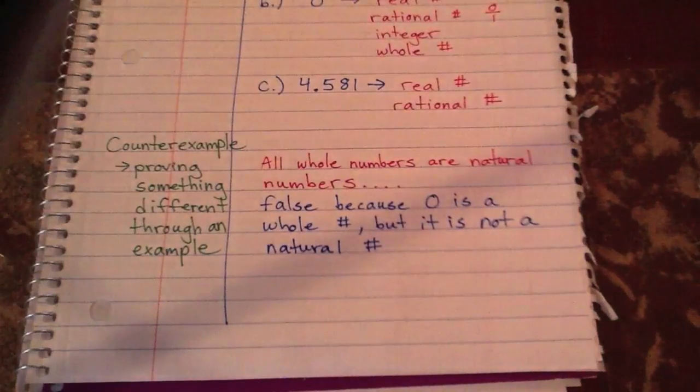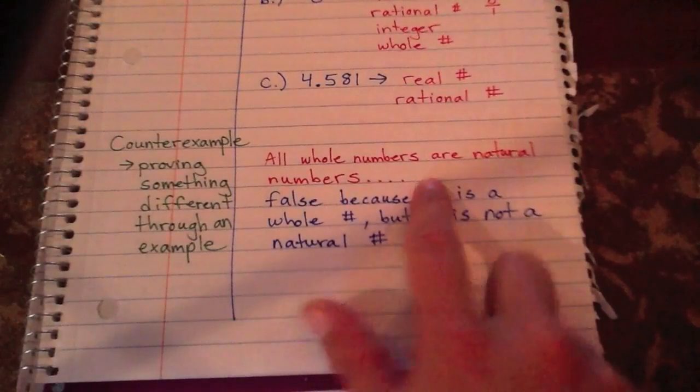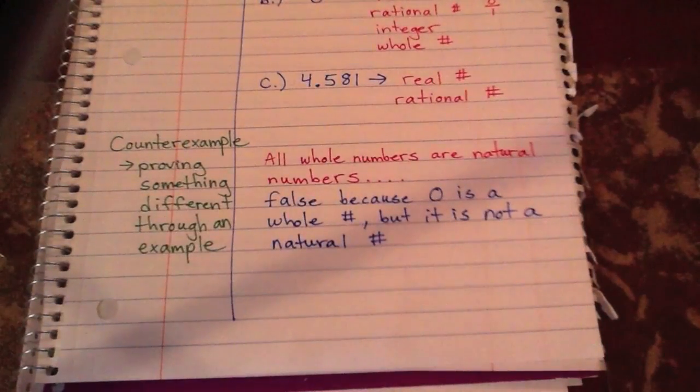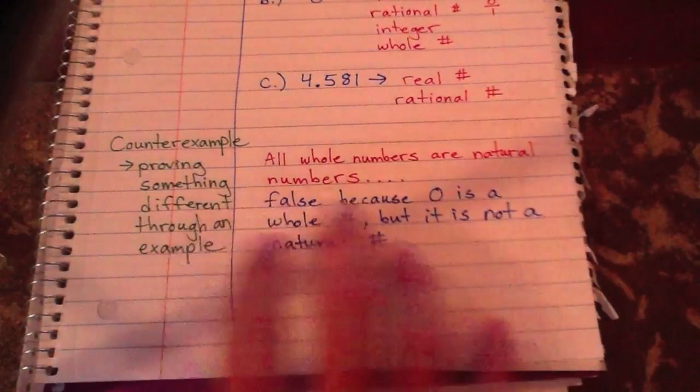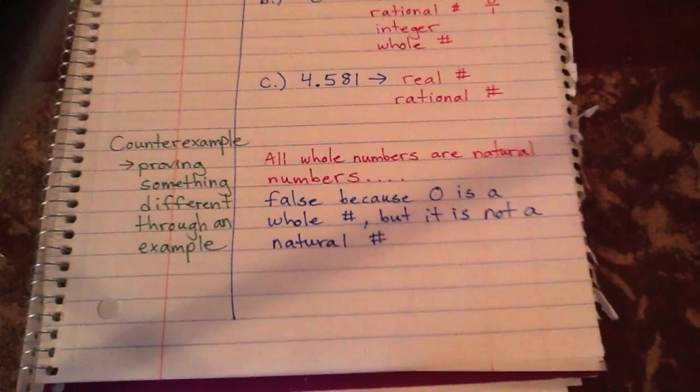So that's how you use counterexamples. Really important to be able to at least think through questions like this by finding counterexamples throughout the year. Sometimes I'll actually ask you to come up with one if you're saying it's false, and other times you'll just use that idea to help you break it down.